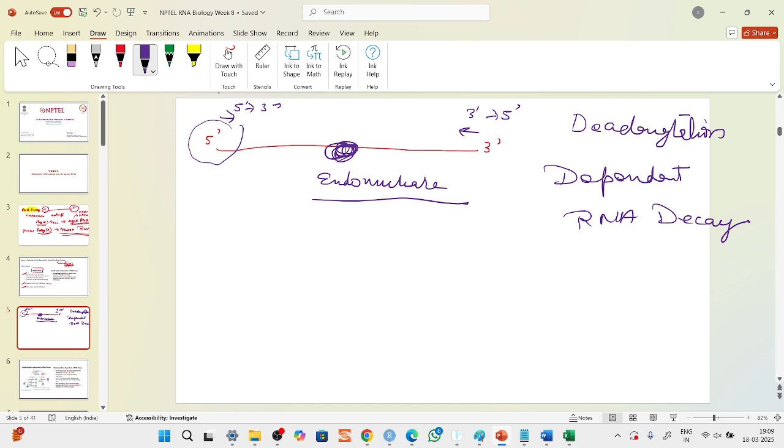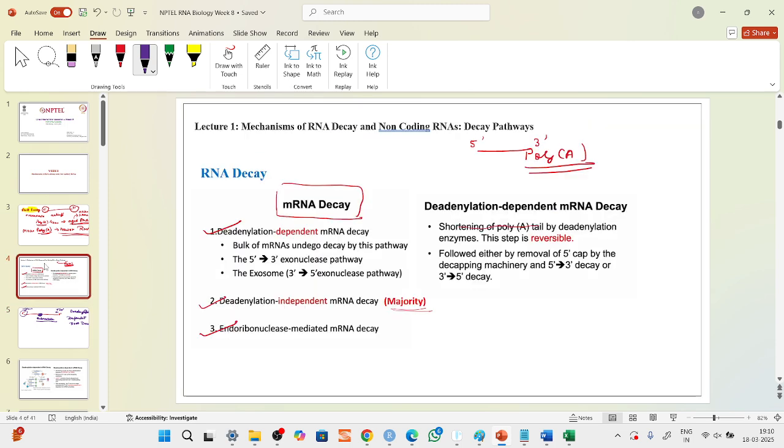So deadenylation can trigger both 5' to 3' decay and 3' to 5' decay. This is what it means. See here, shortening of the poly A tail followed by either removal of the 5' cap by the decapping machinery, or 5' to 3' decay, or 3' to 5' decay. This is your deadenylation dependent mRNA decay.